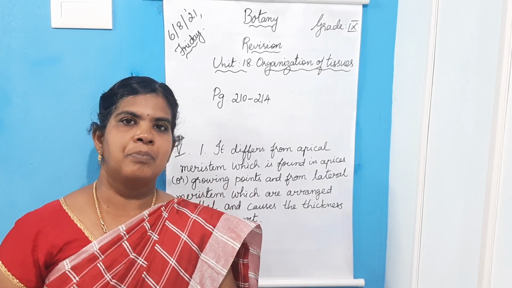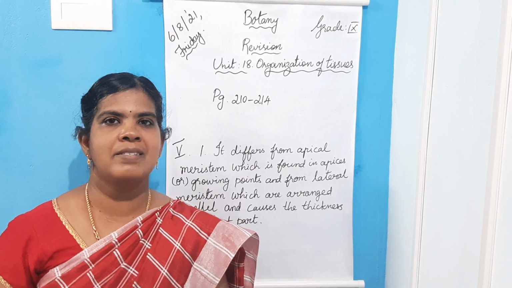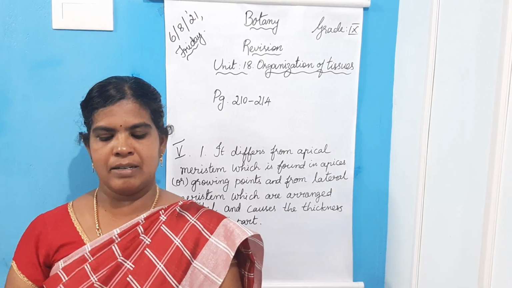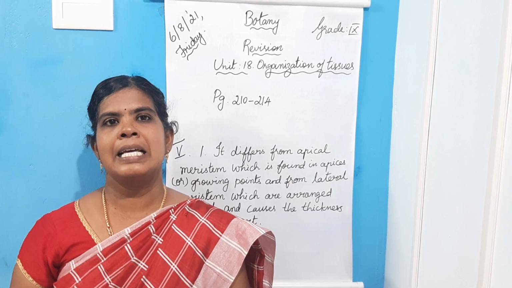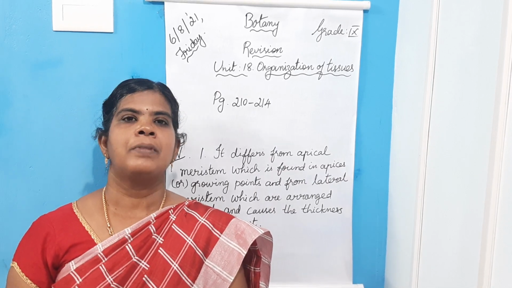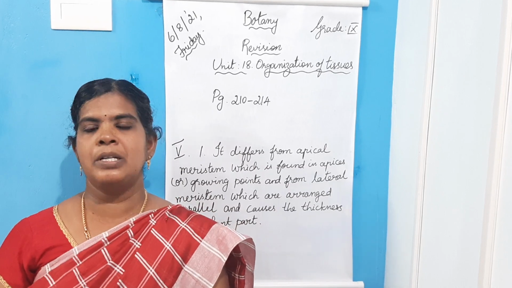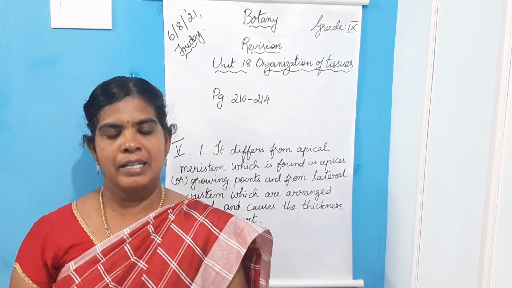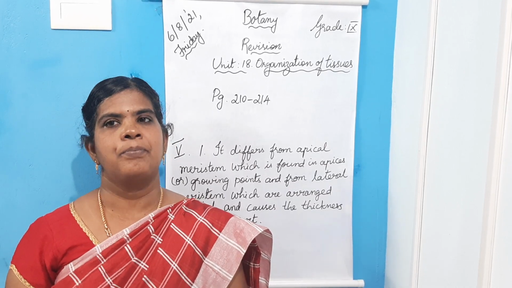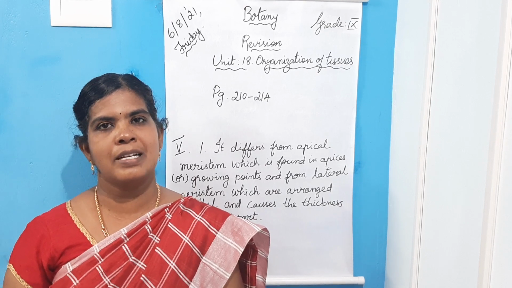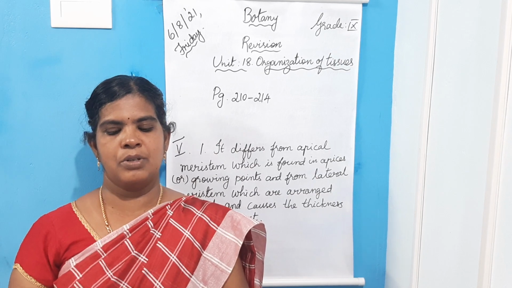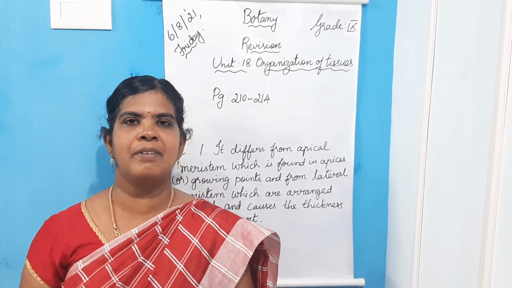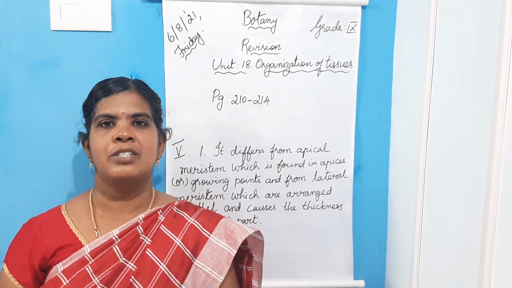In meristematic tissue, nucleus is large and prominent. In permanent tissue, nucleus is less conspicuous. Then next point is cells grow and divide regularly in meristematic tissue, but cells do not normally divide in permanent tissue.